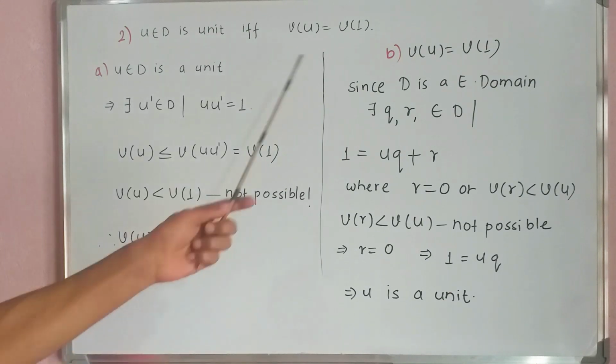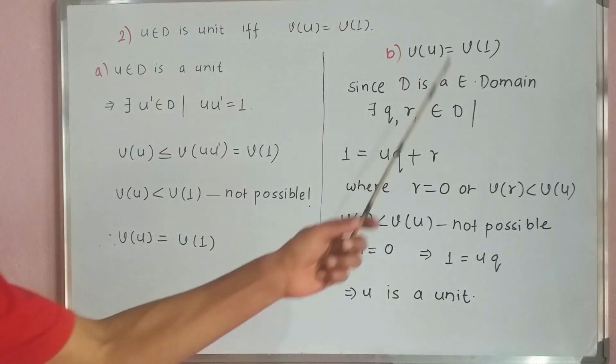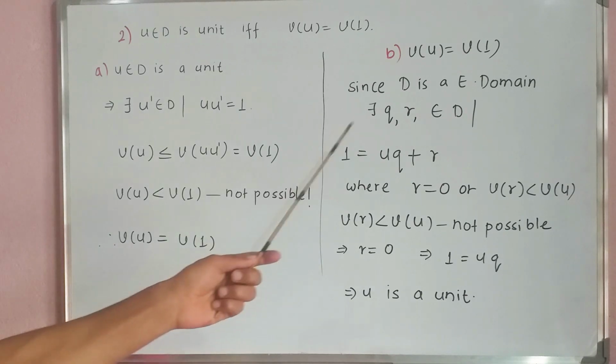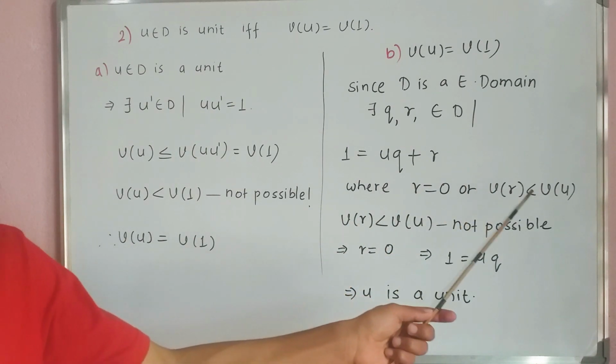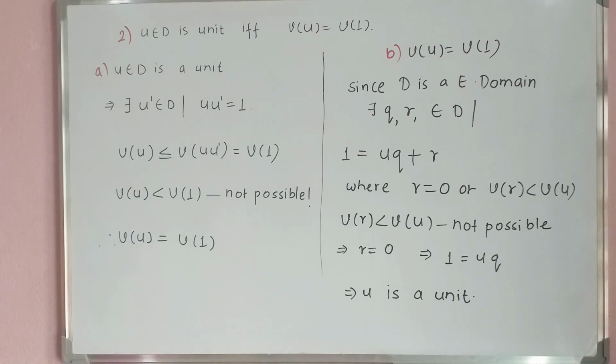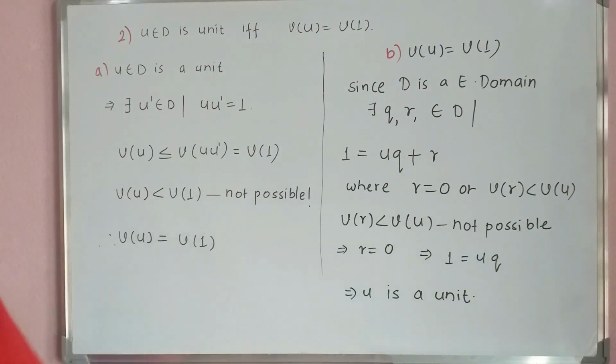Now the second part of the proof. Norm of U equals norm of 1 is given to us, and since D is a Euclidean domain, we have Q and R belongs to D such that 1 equals U times Q plus R, where either R equals 0 or norm of R is less than norm of U. But norm of R less than norm of U is not possible because norm of U equals norm of 1, which is the minimal norm of all A belongs to D. So we must have R equals 0, and this gives us 1 equals U times Q. This shows U is a unit from definition of unit.